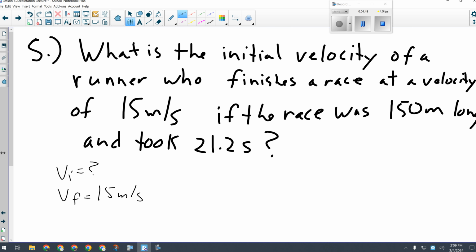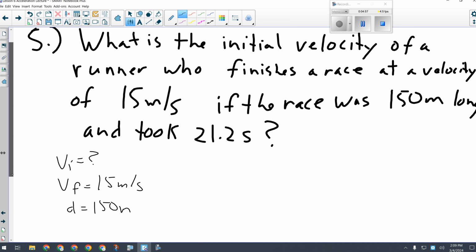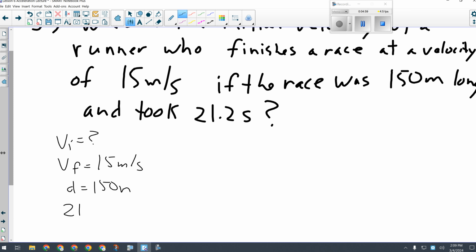If the race was 150 meters long, and it took 21.2 seconds. I'm not given the acceleration in that one. What formula am I going to use?